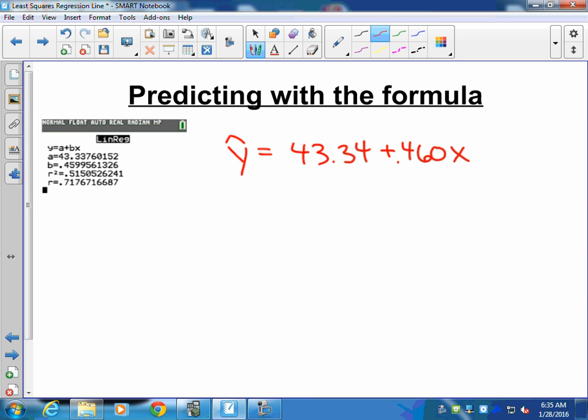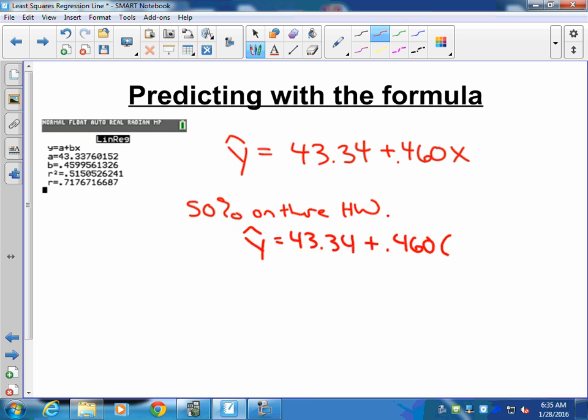What final grade could a student expect if they got 50% on their homework average? We take our equation and plug 50 in for x to make this prediction.